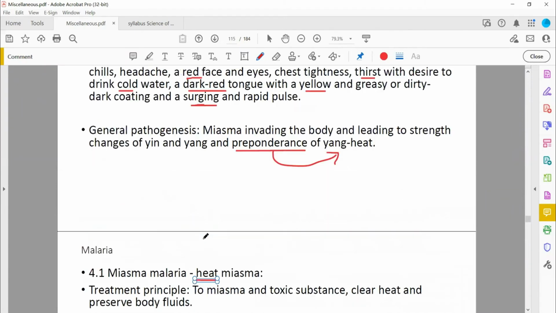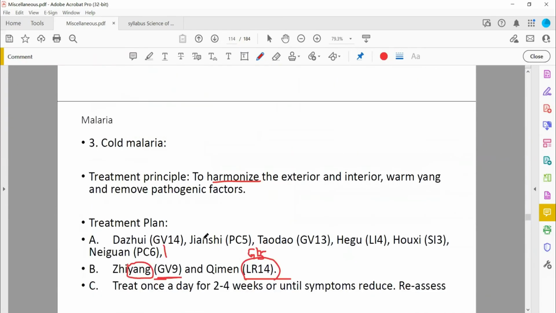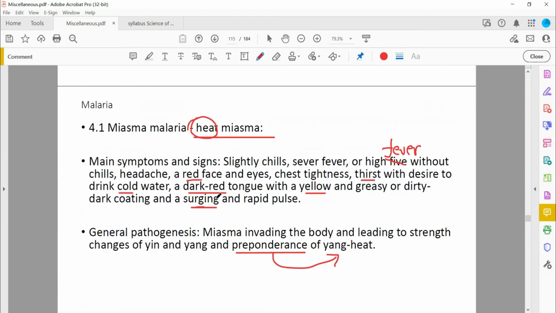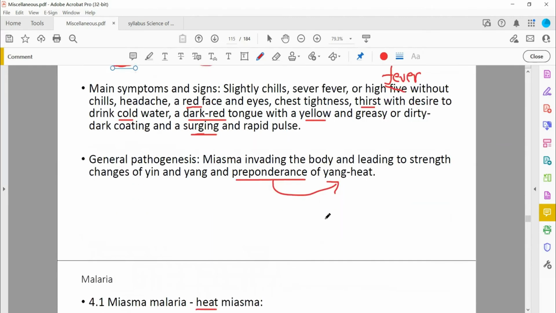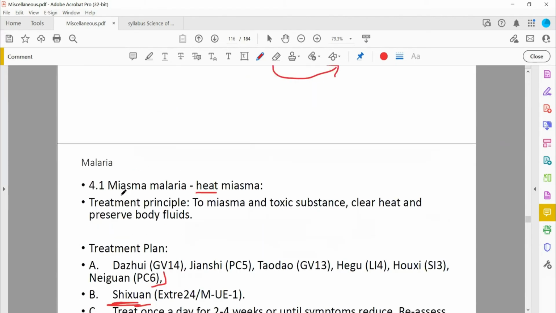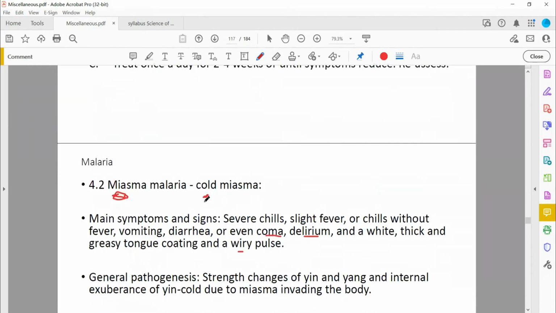This one is stronger than those ones like cold malaria, general malaria, warm malaria. This type is more severe. Under this type, miasma malaria, there are two types: one is heat miasma, one is cold miasma.